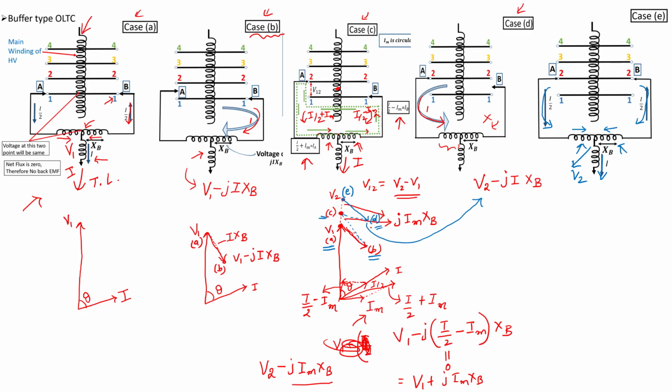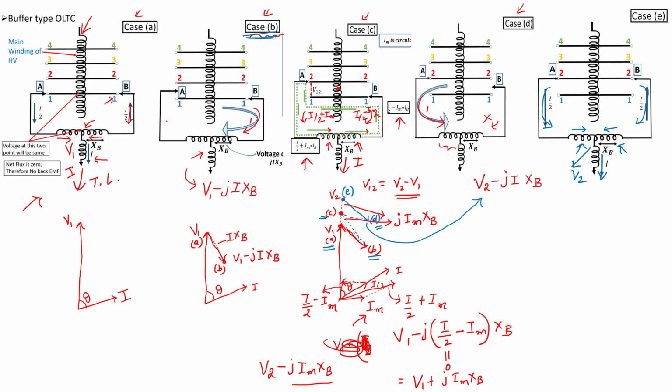Actually, we are interested in knowing the voltage between the lifted arm and the taps which are close to it. For example, consider case B. In case B, we are lifting arm A. Now, what is the potential between arm A and tap 1?